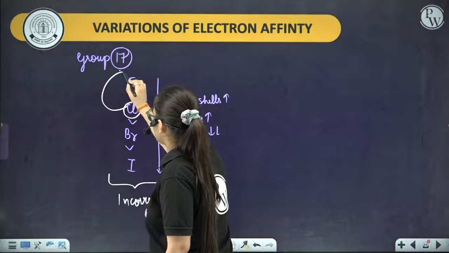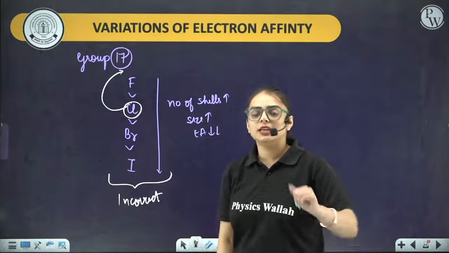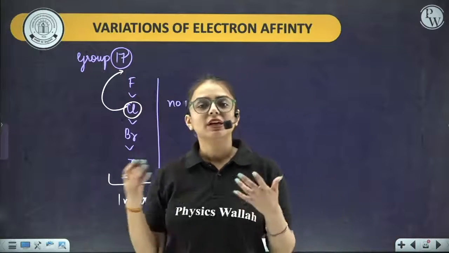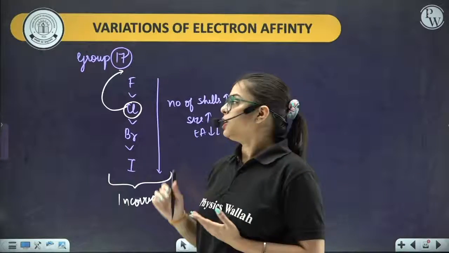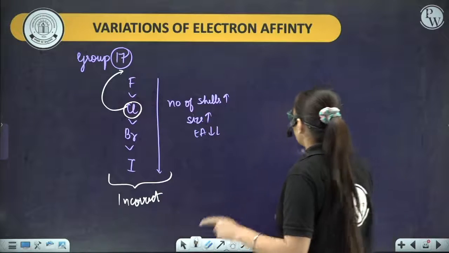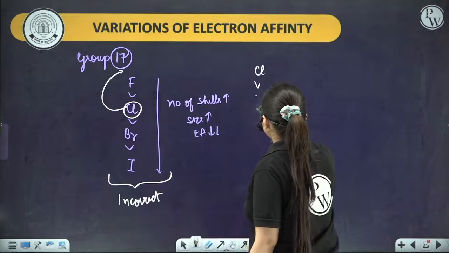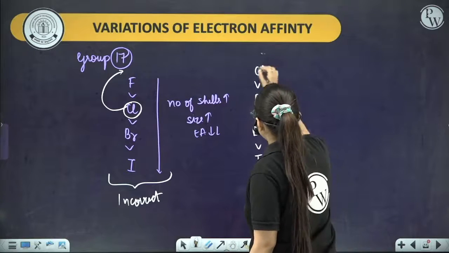Chlorine will have the highest one. Second element will have the highest one over here, because in these cases there will be electronic repulsion that takes place, and due to the anomalous behavior of fluorine as well, chlorine will have the highest due to electronic repulsion among them, and hence it will have the highest value. So it will be chlorine, fluorine, bromine, and then iodine. This will be the order.